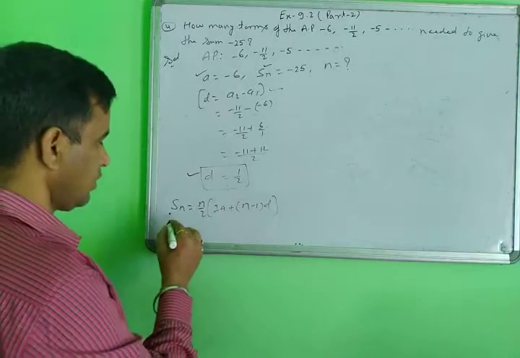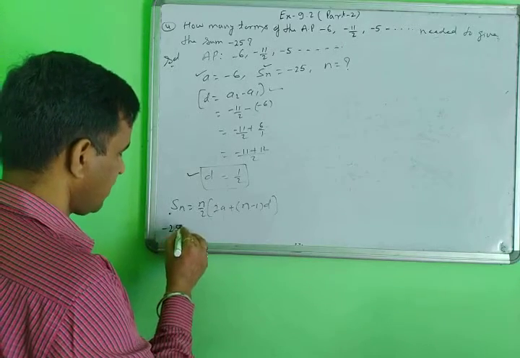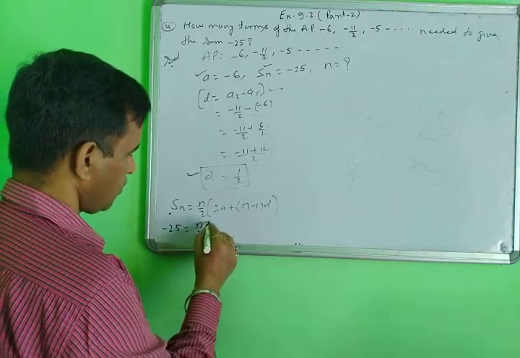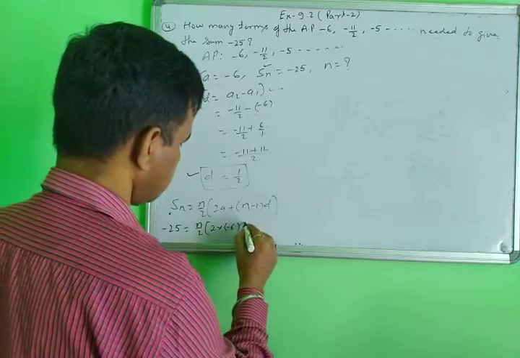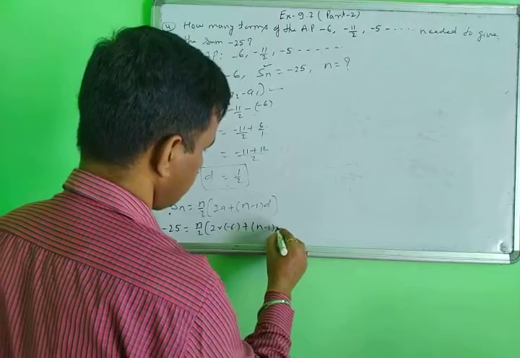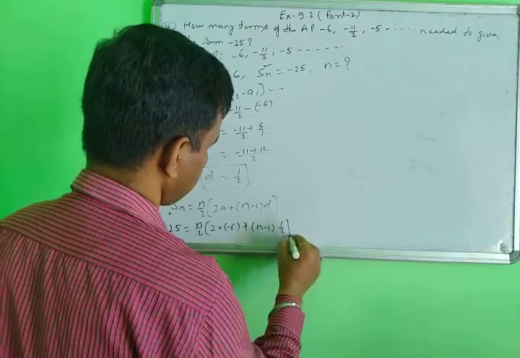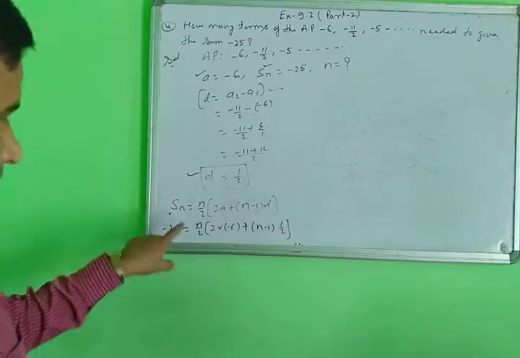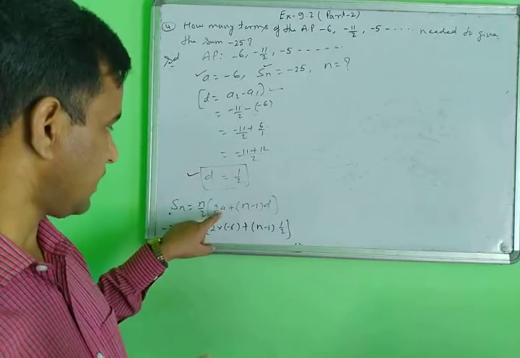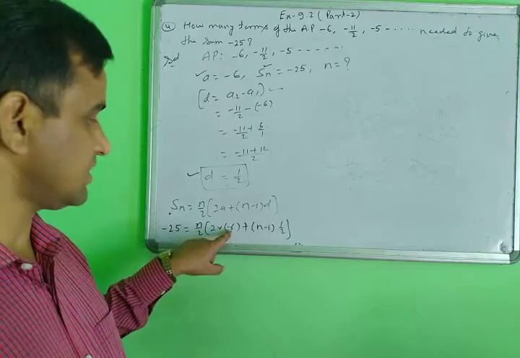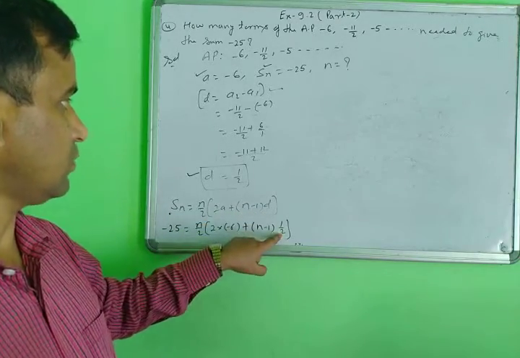So now put the values here. Minus 25 equal to n upon 2 times 2 into minus 6 plus n minus 1 times D, where D equals 1 by 2. This is the identity. Putting the Sn value, n by 2 is the same, 2a where the value of A is minus 6, and the value of D is 1 by 2.